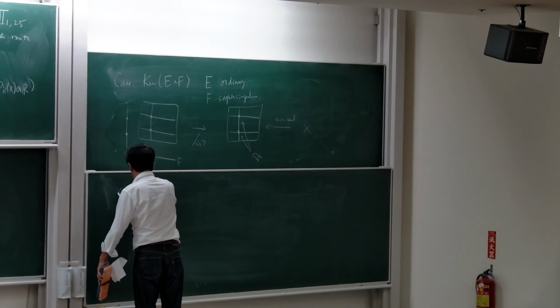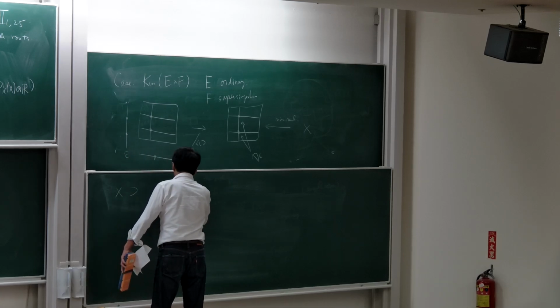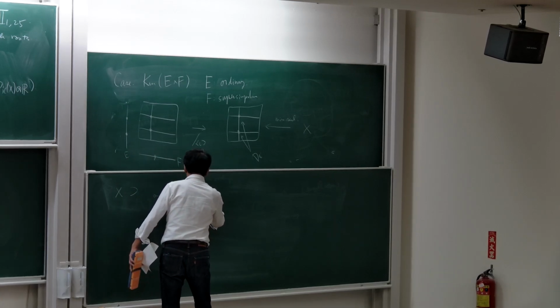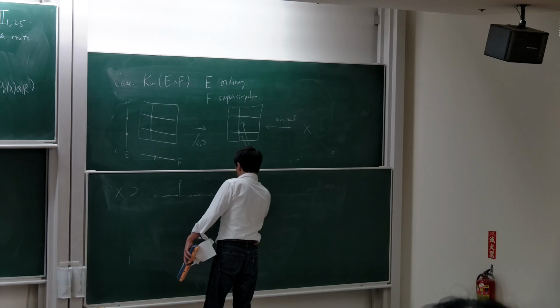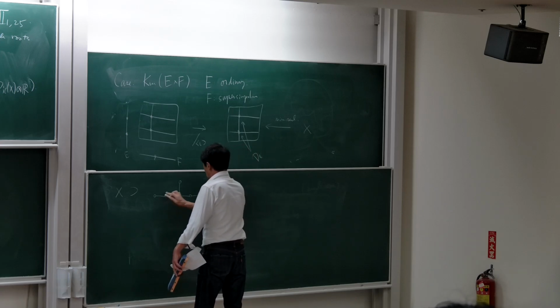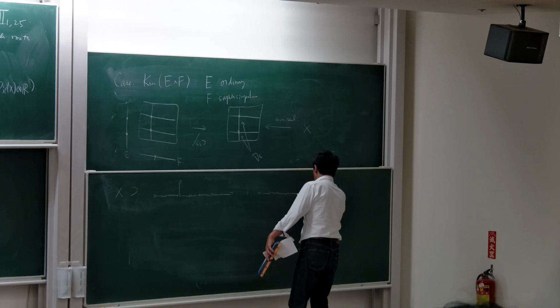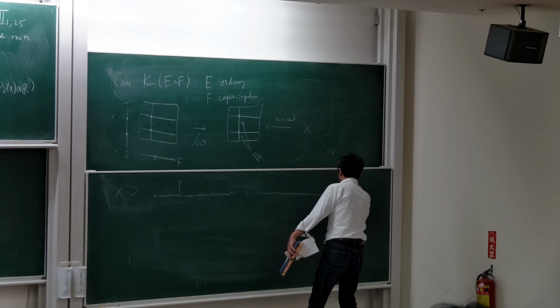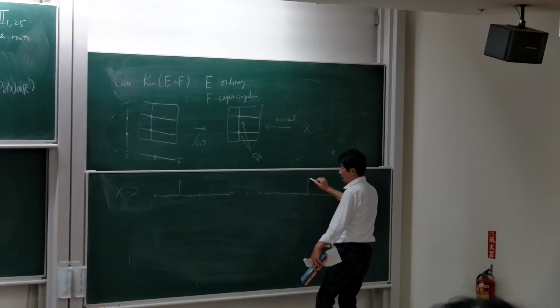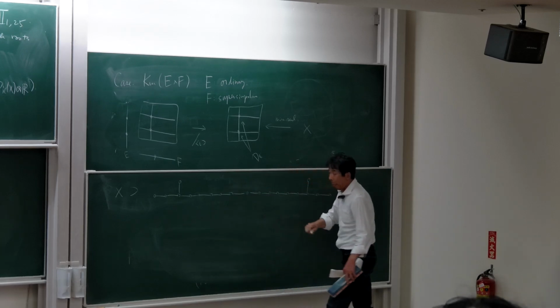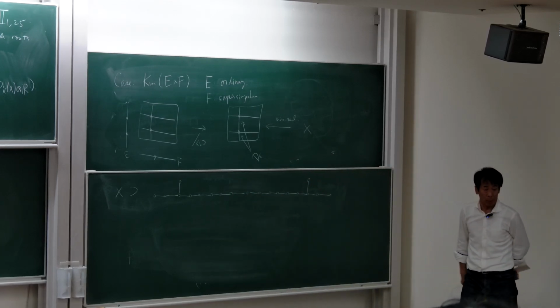Then X contains, this is a dual graph. What is this? 8. This is a dual graph of 19 minus 2 curves.